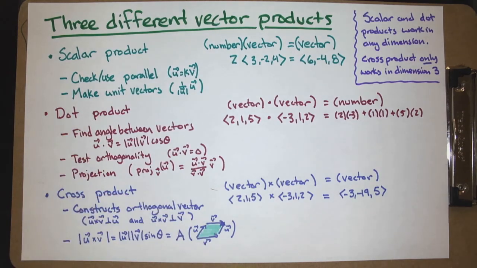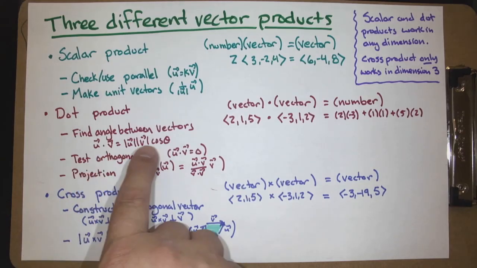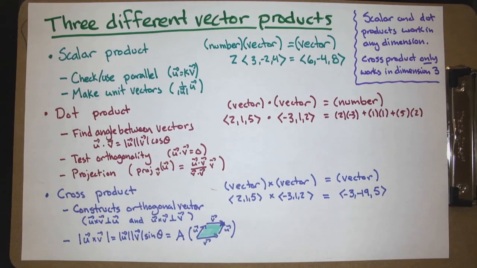Dot product. We talked about this last time, so it's fresh. We remember all these things. What can we do? Well, it's useful for finding the angle between vectors because the dot product relates to the cosine of theta. Theta is the angle between the vectors. So that gives us a way to test orthogonality.